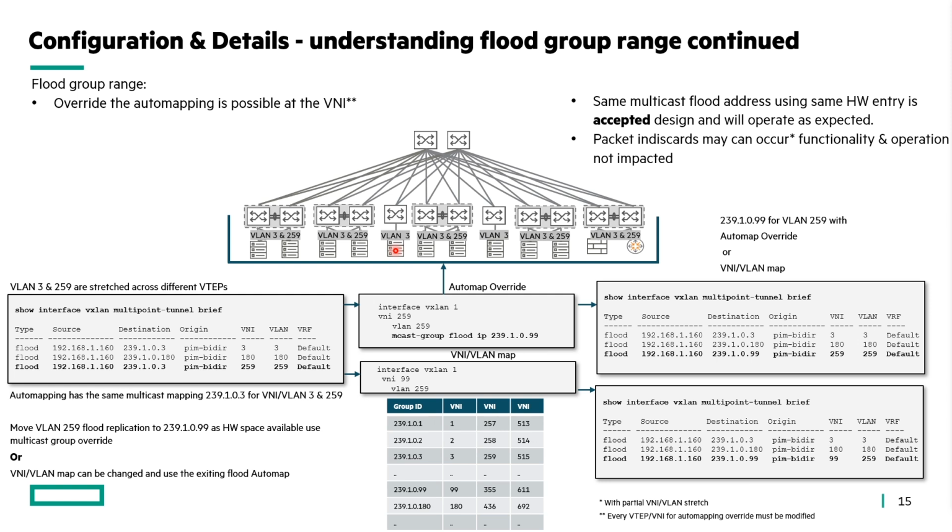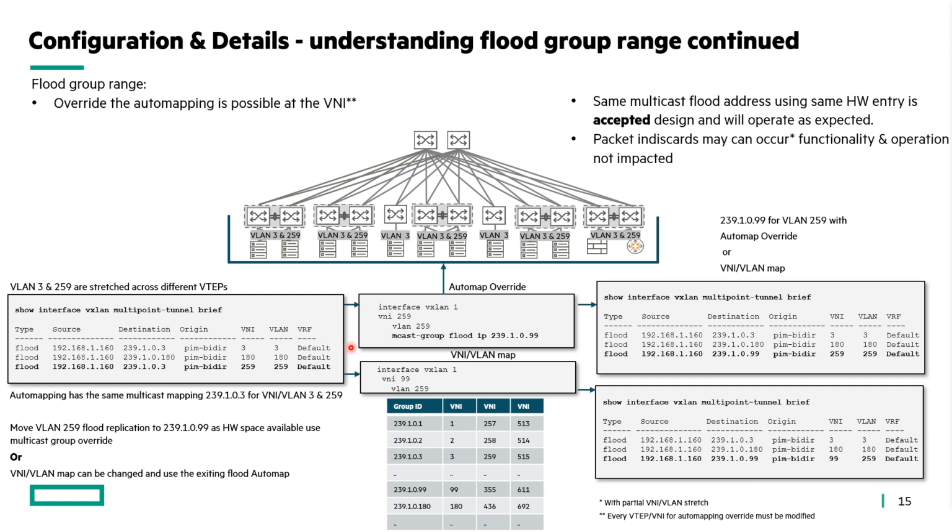However, this will not impact the functionality or operation of the network. We can also see this partial stretch of the VLANs and the sharing of the multicast group for VLAN 259, which is 239.1.0.3, and for VNI 3, which is 239.1.0.3.